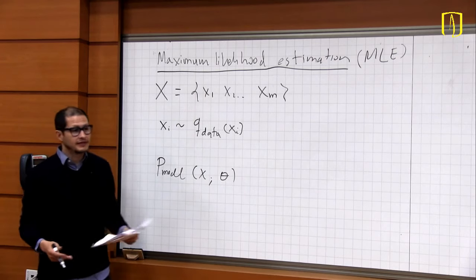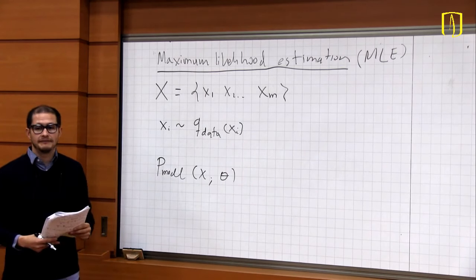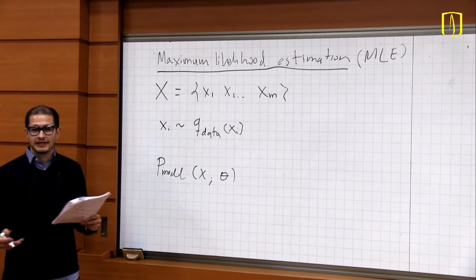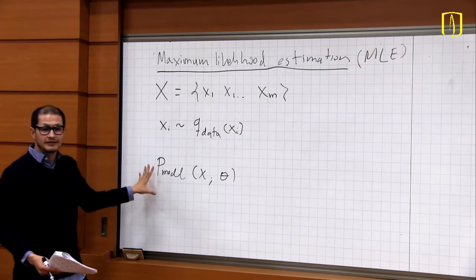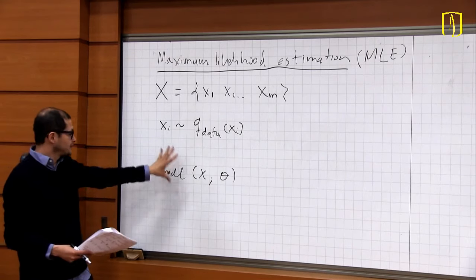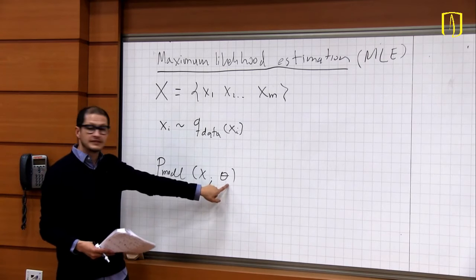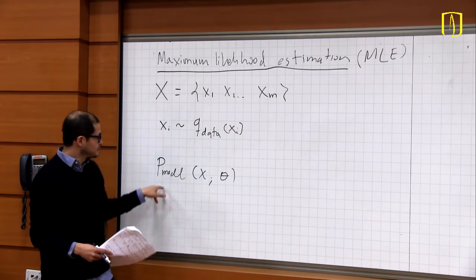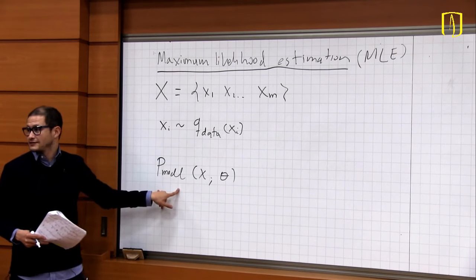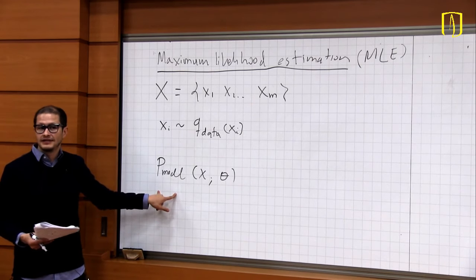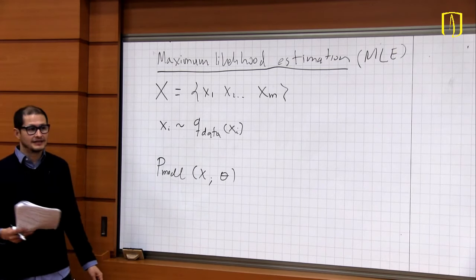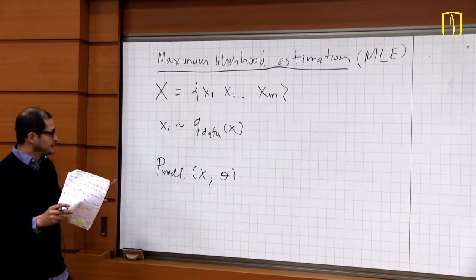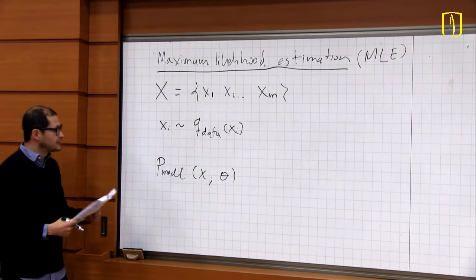So you take all the images of cats on the internet, you construct a model that's reasonable, and then you try to find the parameters theta such that if you get samples out of this model, what you see is a cat, right? That's the idea. Our setting is a little bit different.